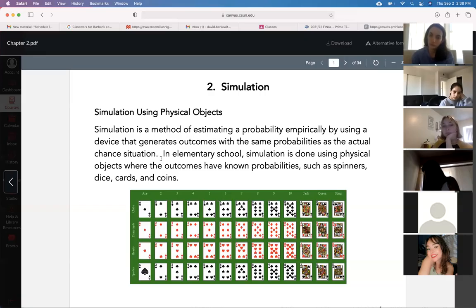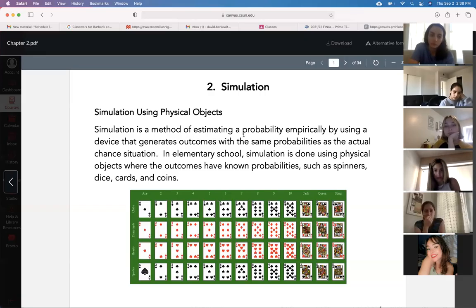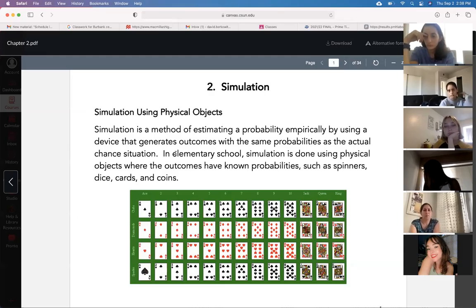Okay, so first, what is a simulation? It's a method of estimating a probability empirically, that means using data, by using a device that generates outcomes with the same probabilities as the actual situation. And usually, especially in elementary school, what are the devices that we use to simulate?